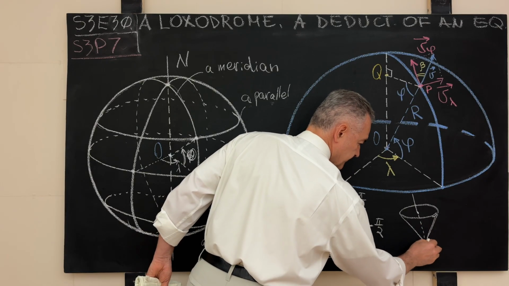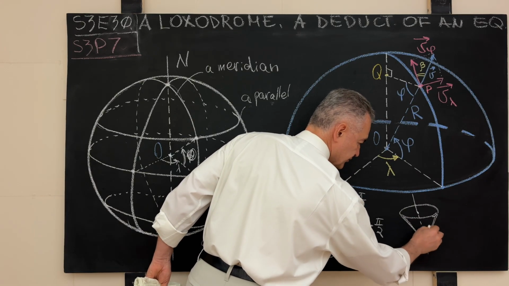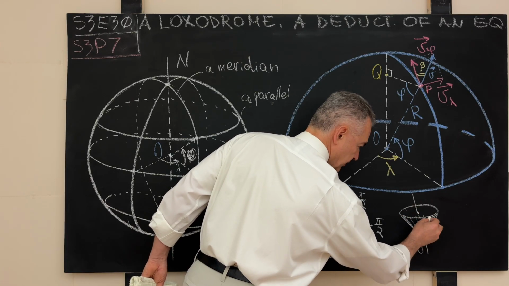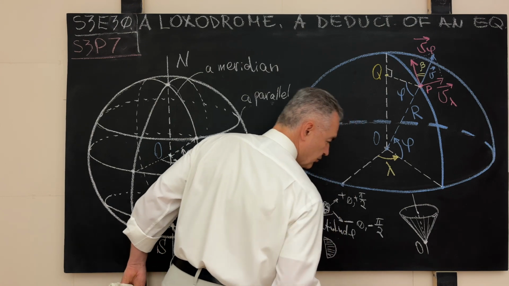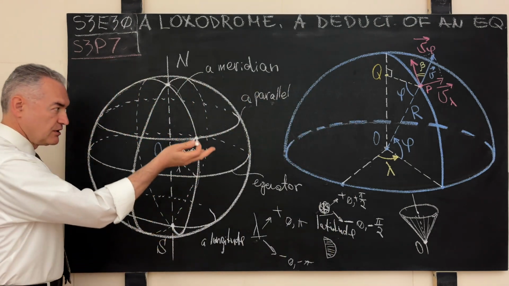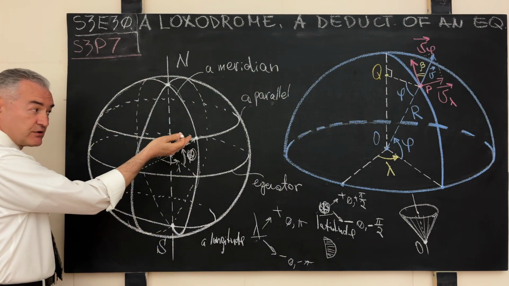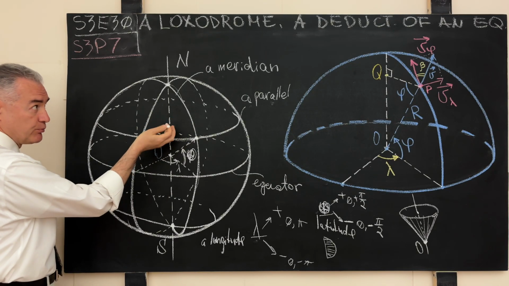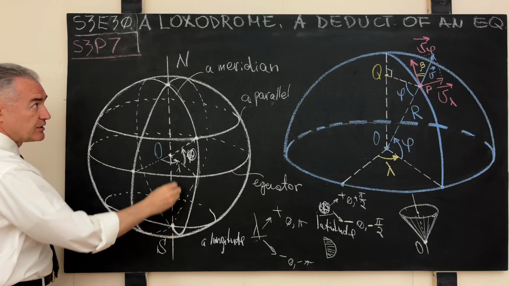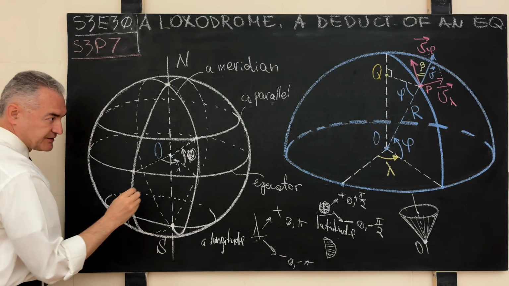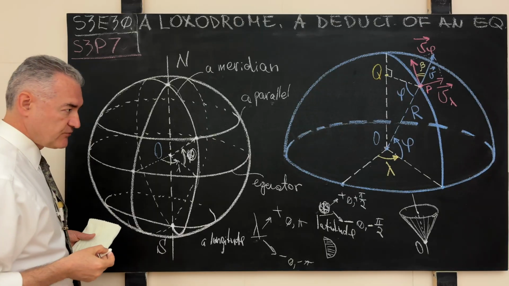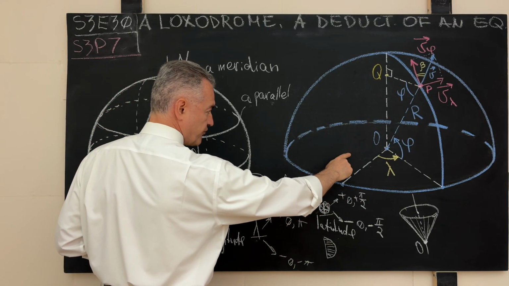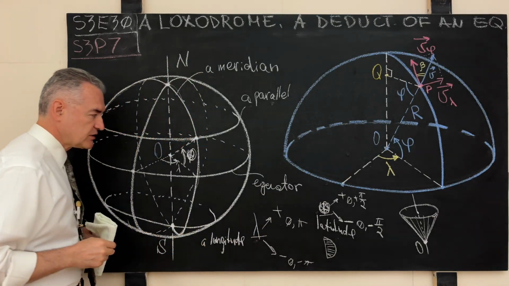All the generatrices will be the particular instances of the radius vector, and its base will be exactly the plane which generated this particular parallel, the plane that was intersected with the plane perpendicular to the diameter NS. So now you should be more comfortable with understanding how the Earth-bound, Earth-centered, Earth-fixed coordinate system is constructed.